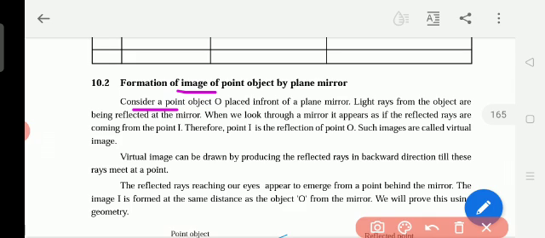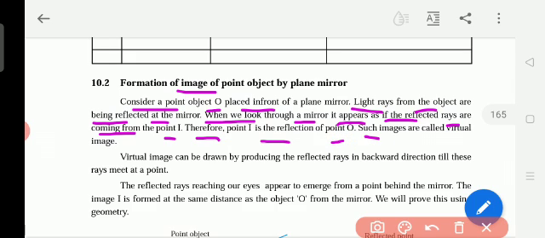Consider a point object O placed in front of a plane mirror. Light rays from the object are being reflected at the mirror. When we look through a mirror, it appears as if the reflected rays are coming from the point I. Therefore point I is the reflection point of O. Such images are called virtual images.